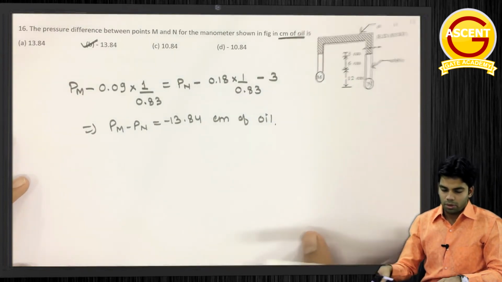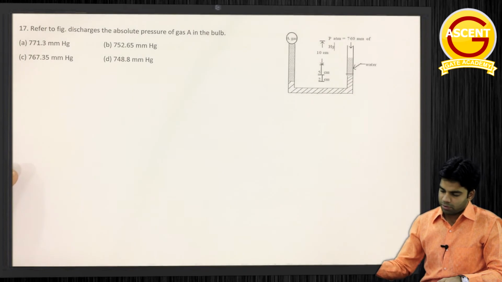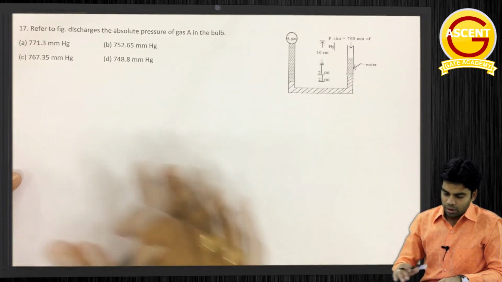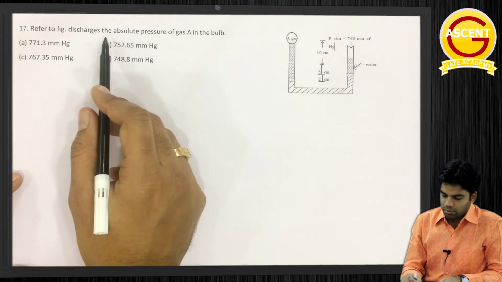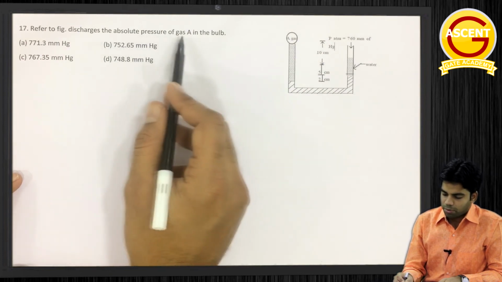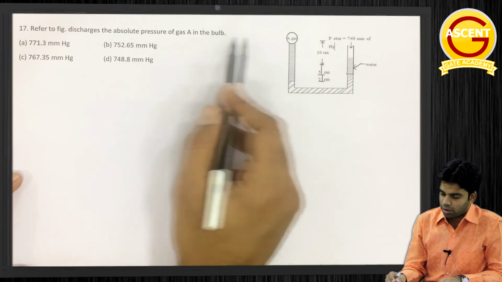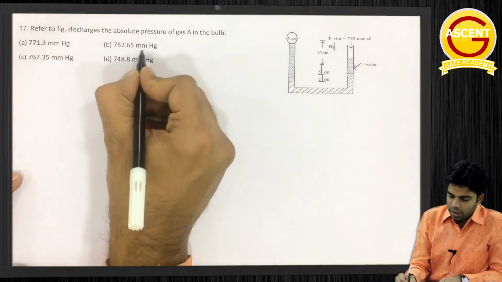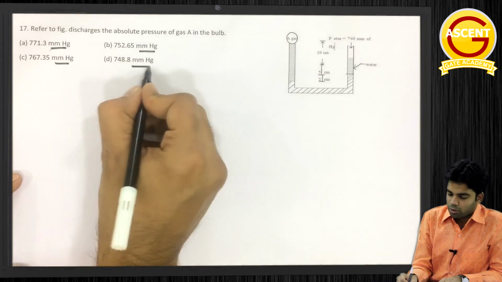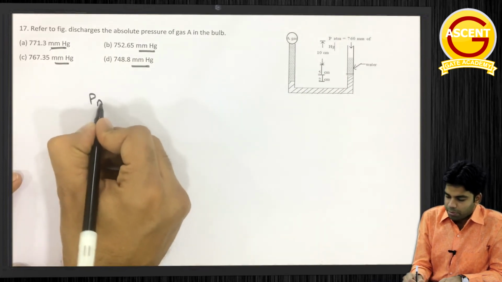Getting this one? Okay, one more question of pressure measurement we will do. Now refer to the figure. Determine the absolute pressure of gas A in the bulb. So we have to determine the pressure here at A, in terms of mm of Hg. So this will be PA.